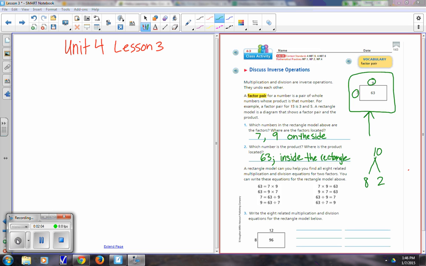It's kind of the similar piece where the sum is this top number and the product is this number. So moving into that rectangle model can help us find all the related multiplication and division equations, just like we were doing the addition and subtraction problems.